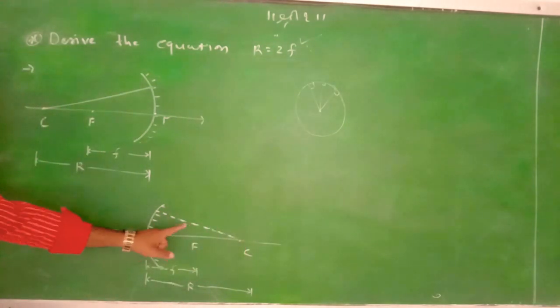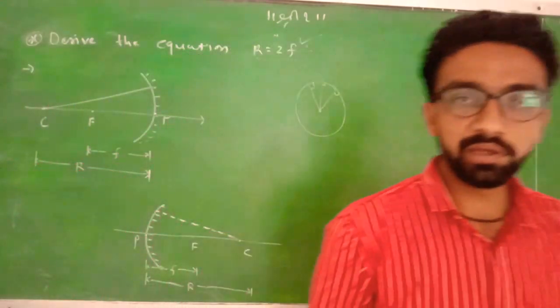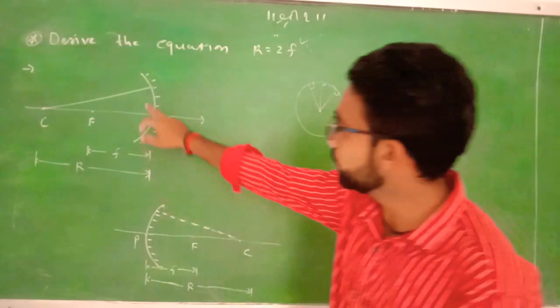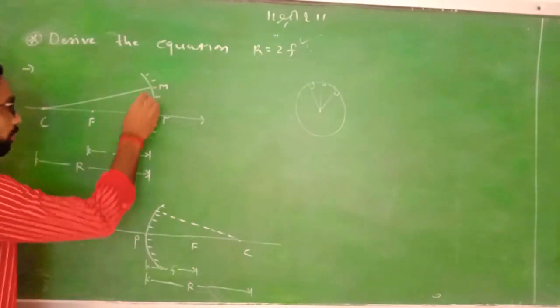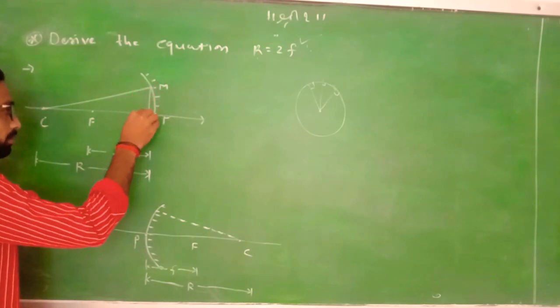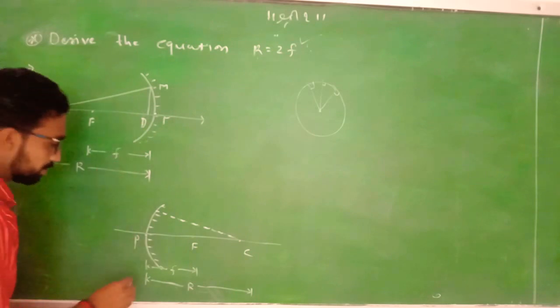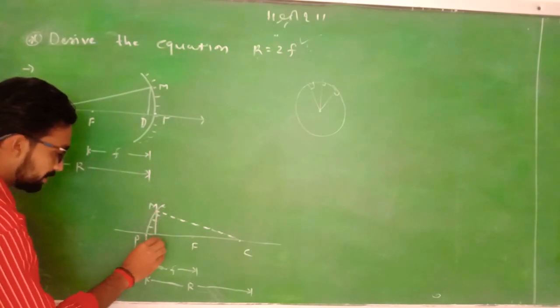So this is the normal to the surface. Similarly here. Now we consider one ray that is parallel to the principal axis and incident at this point. Indicate this point by M and draw a perpendicular to the axis. This point is D. Similarly, this is M and this point is D.